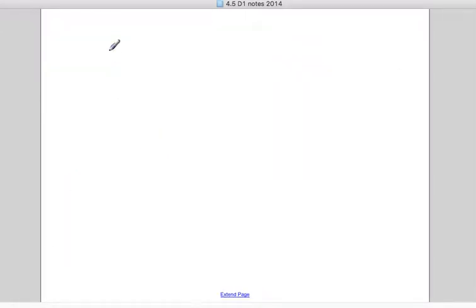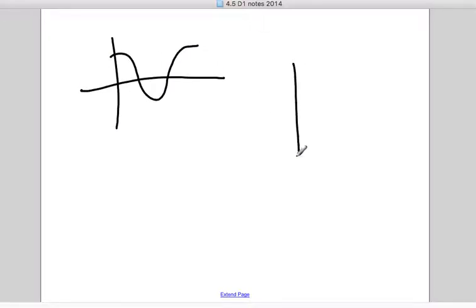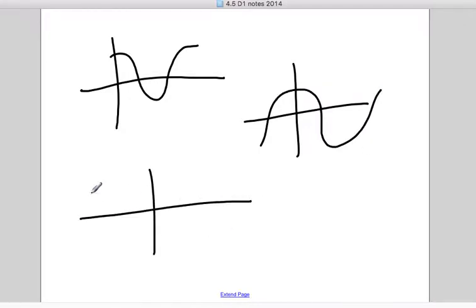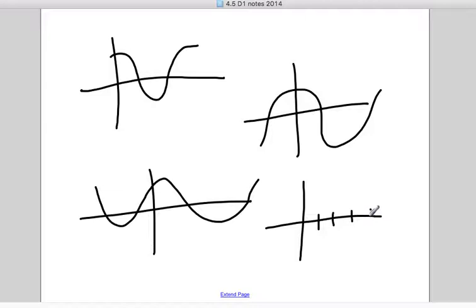So what I want to say then is if you're doing your homework and this is what your homework looks like, that is not going to count. I'm not going to give you credit for that. I'm not even going to give you credit if you make your tick marks but then don't actually label them. That's also not any good.